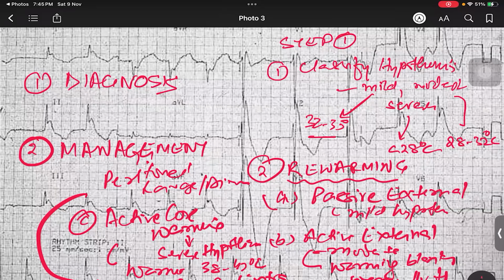If it is 28 to 32, moderate hypothermia, then you have to do external active rewarming, done with the help of electrical devices. Third is active core warming, done in cases of severe hypothermia with warmed IV fluids, warmed oxygen, and of course peritoneal lavage. And then it is extracorporeal warming.